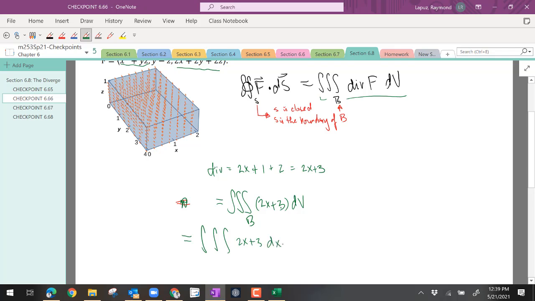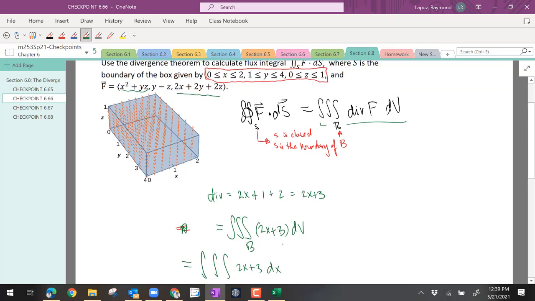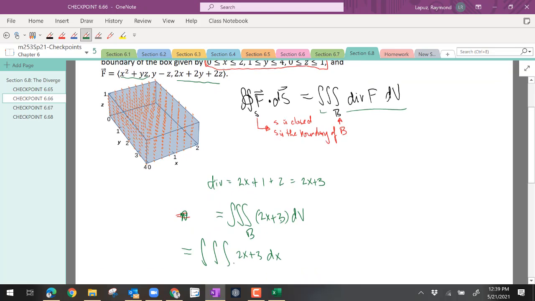If we do this with respect to x first, the x limits are going to go from 0 to 2. With respect to y next, the y limits are going to go from 1 to 4, and with respect to z, and that's going to go from 0 to 1.